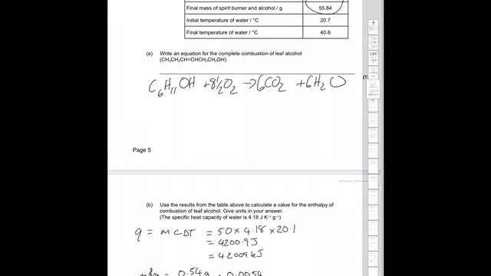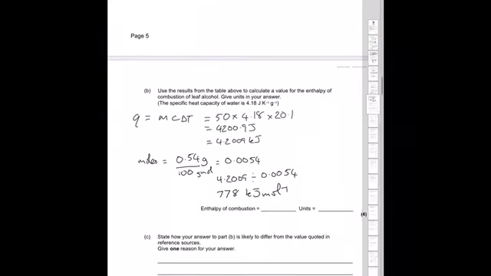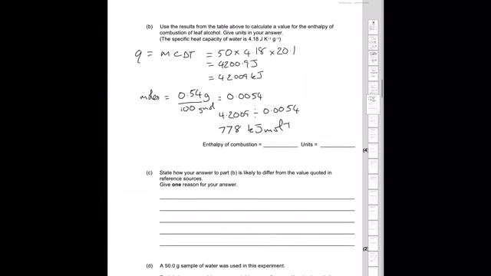And then we need to sort of work out where the marks are. Obviously, when you do these calculations, if you get the right answer at the end, as I said before, you can just allocate the marks. But, oh, wait a minute, that needs to be minus. That's a minus the enthalpy change there, because it's exothermic. That's minus 778 kilojoules per mole.